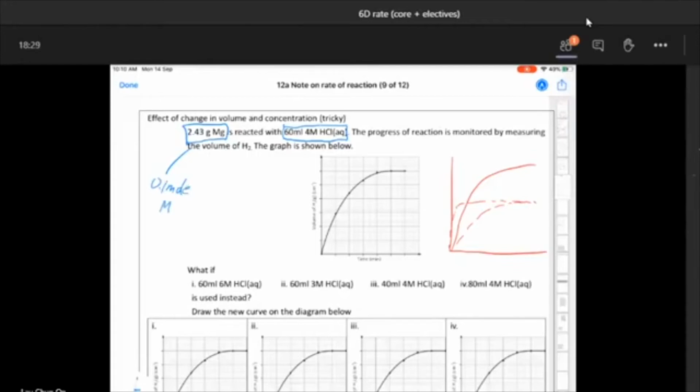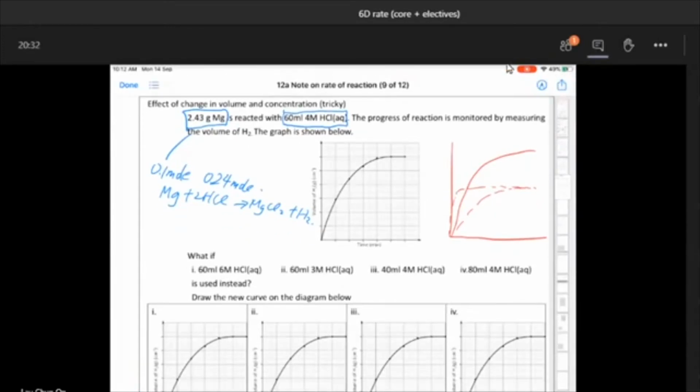And if you remember the reaction, they will react to form MgCl2 and H2. And for the HCl, I can calculate its number of moles by using MV, so it should be 0.24 mole. Which of the Mg or HCl is limiting?